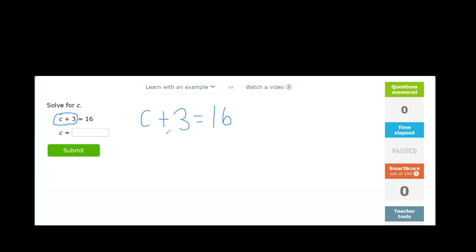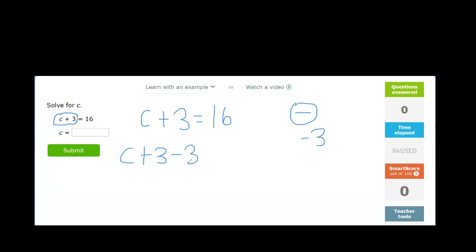We want to undo these operations so we can isolate the variable. What is the opposite of addition? Well, it's subtraction, right? What are we doing to the C here? We're adding 3. What's the opposite of adding 3? It's subtracting 3.